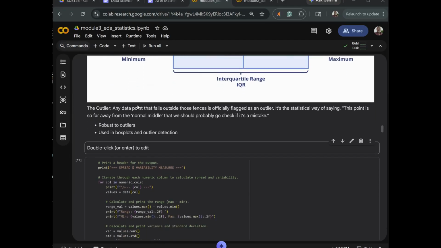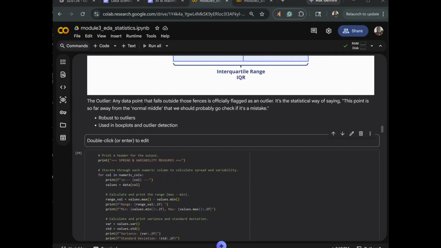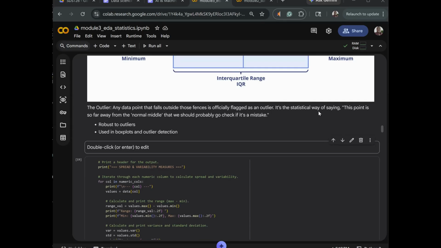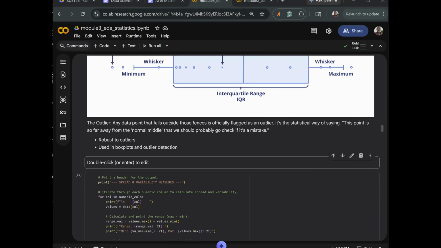So this is very important. An outlier is any data point that falls outside those fences, and this is officially flagged as an outlier. The statistical way of saying it is that this point is so far away from the normal middle that we should probably check if it's a mistake.